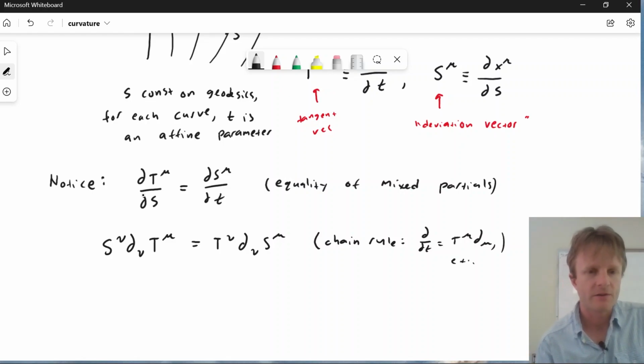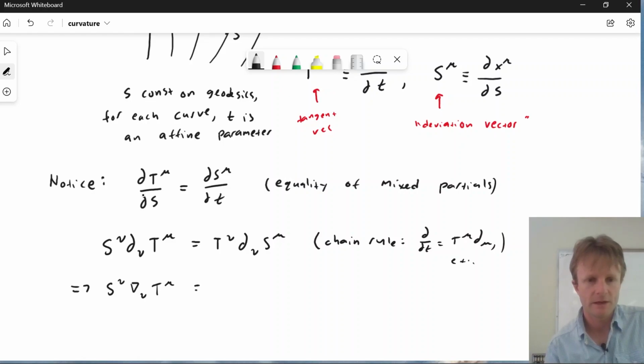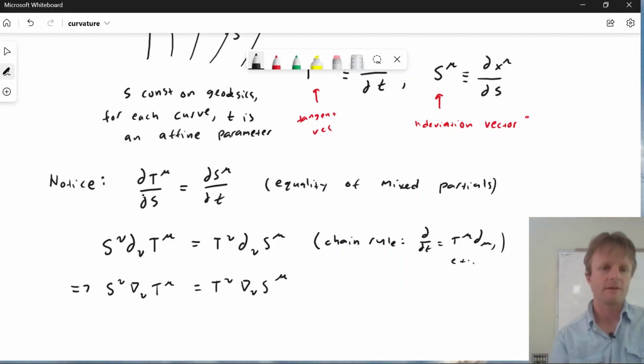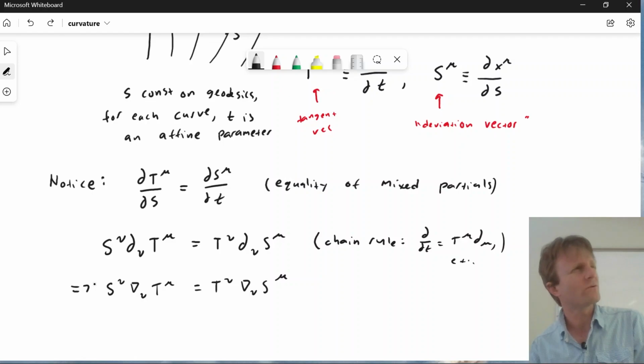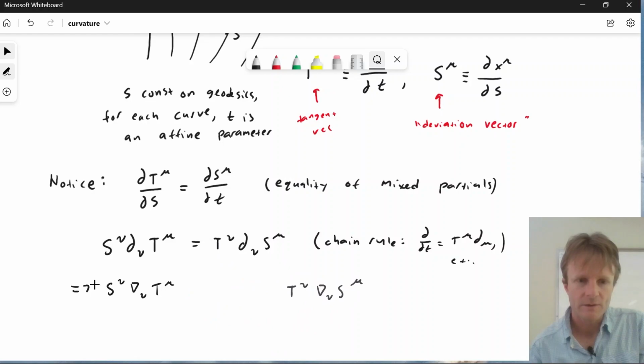Let's write it out. So the claim is this implies actually that the covariant derivatives s nu covariant nu t mu equals t nu covariant nu s mu. That's a claim. There are fancy ways to see this involving the commutator, but I don't think we've done it. So let's just see the things cancel. That shouldn't be too hard. Move this to the right-hand side.